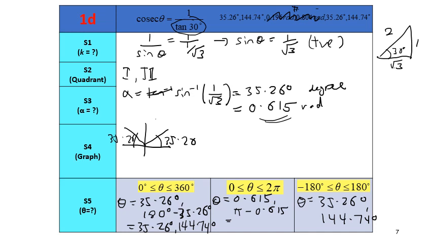So for the second quadrant, we will get 2.527 radian. So that's the angle in the second quadrant in radian.